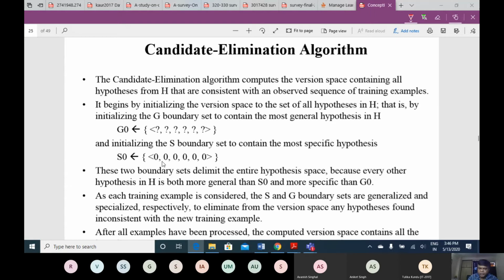If we define our version space by these two values of general and specific, that means we have included every hypothesis in that version space. To start with, in this algorithm, we start with these two values, G0 and S0. G0 includes all possible hypotheses, all question marks, and S0 is all zeros.